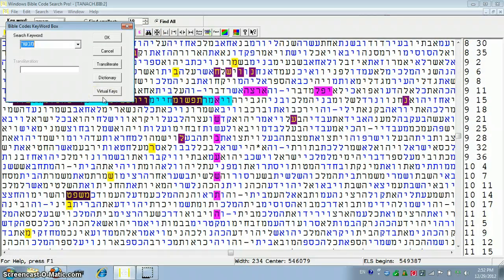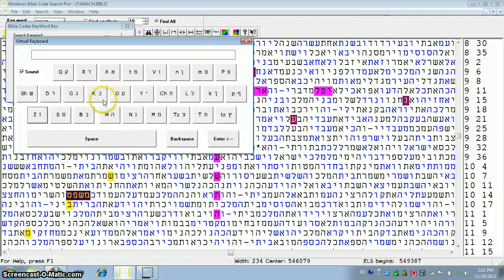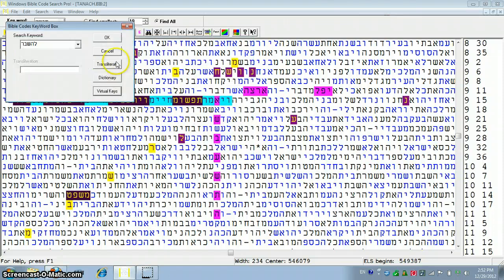Let's look for, how about, break apart. Let's see if break apart is there, and that would be Lamed, Hey, Shin, Resh, because in Drosnin's table on the comet it says I will tear it to pieces.